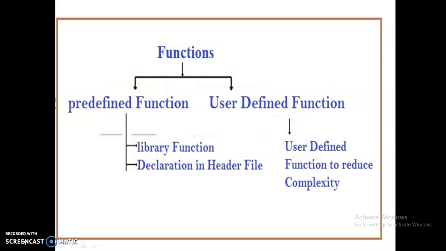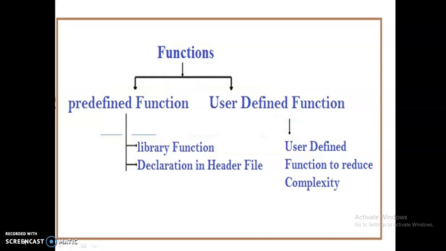In C, there are two types of functions. One is the predefined function. The second one is the user-defined function. Predefined functions are library functions declared in the header file. You can see in C programs that the library functions come from hash include stdio.h, which is used for the library functions scanf and printf.